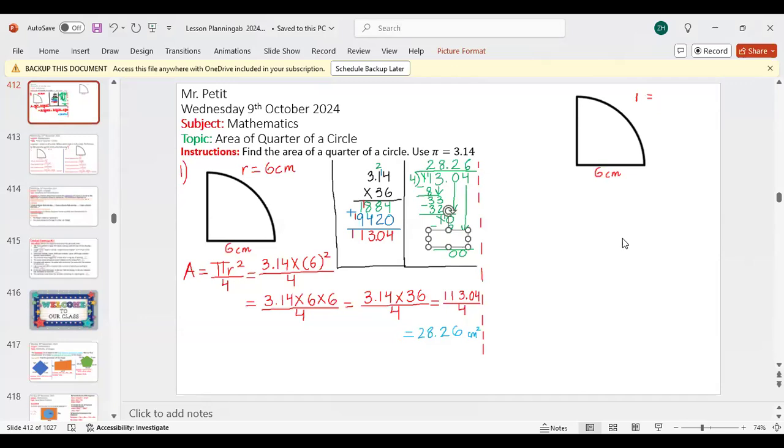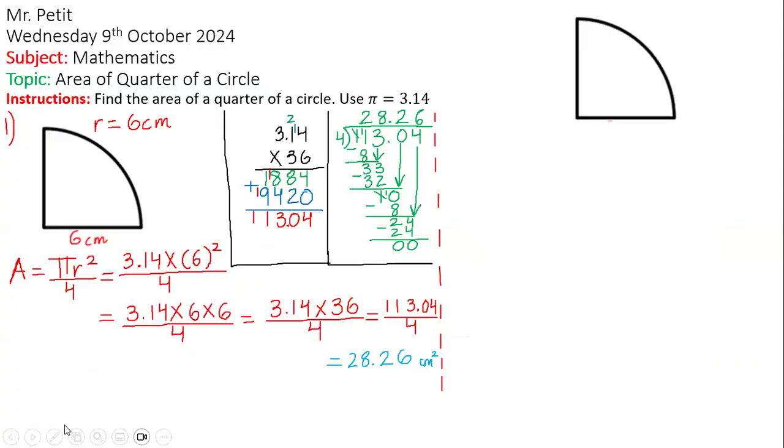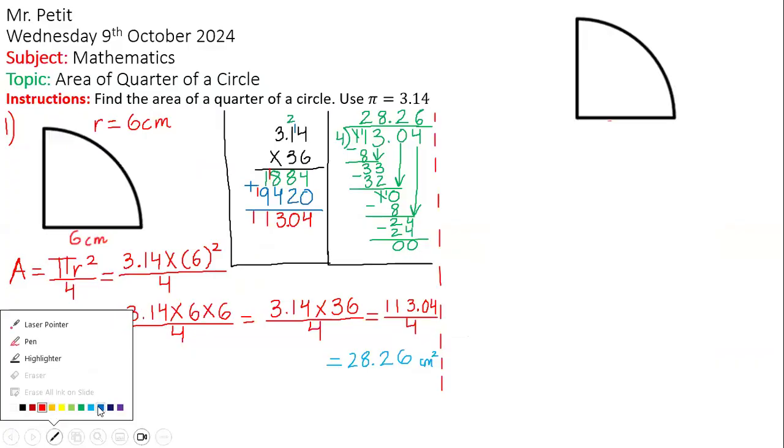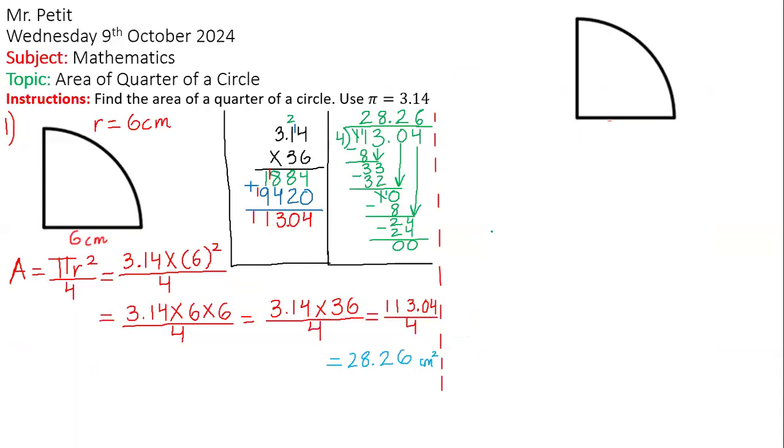Now, for the second one, let me change this number. We're not going to use 6. Let's use 4. I don't want to use 4 either. Let's say 8. 8 centimeters.